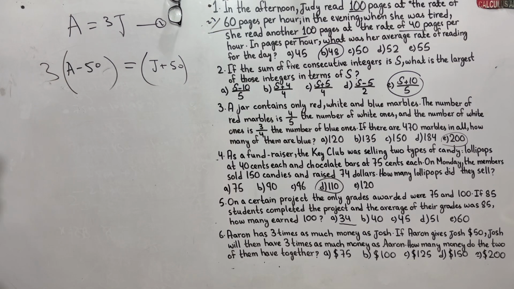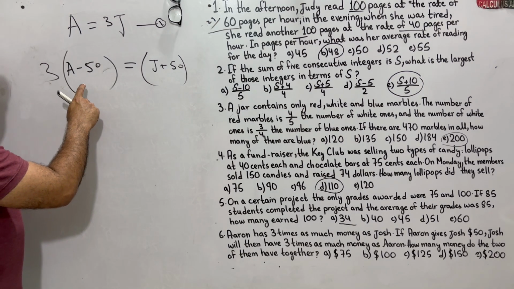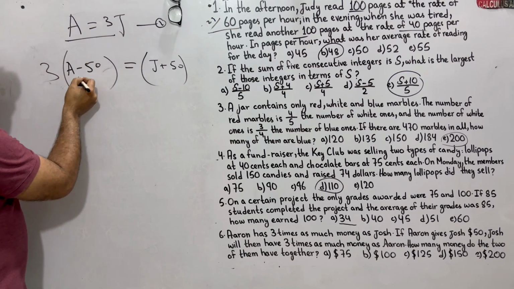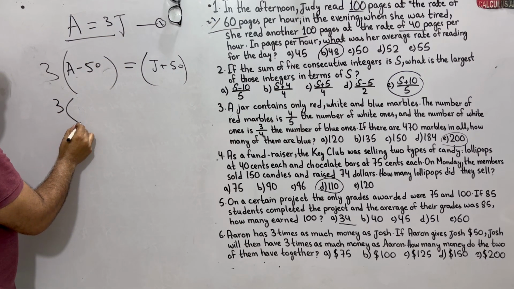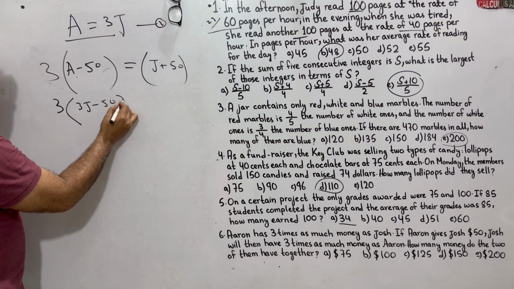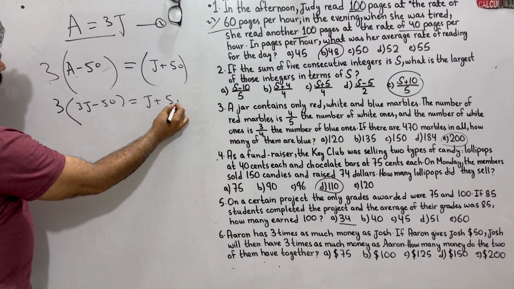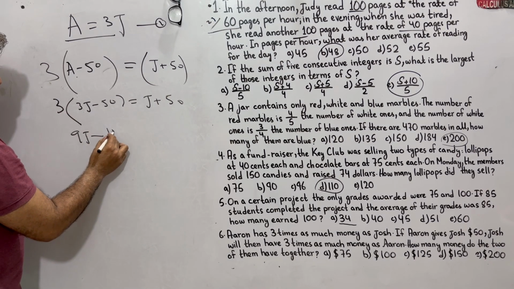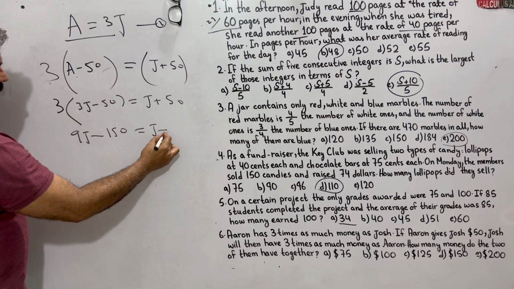So we are asked to find how much money they have collectively. The first condition is A equals 3J, and the second is 3 times (A minus 50) equals J plus 50. Instead of A, I can write 3J: 3 times (3J minus 50) equals J plus 50. It will become 9J minus 150 equals J plus 50.